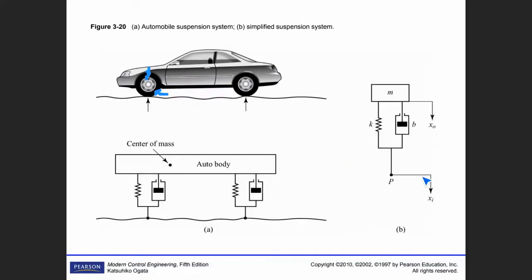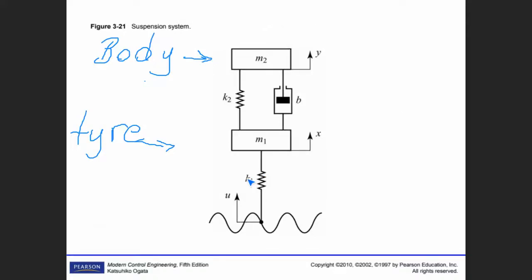This model is simplified, neglecting the mass of the wheel and also the spring action of the wheel. Spring action means rubber of the tire. There's pressurized air in it. So this model neglects those, but that model doesn't neglect that. And the road is here. This is the body of the car, and this is the tire.